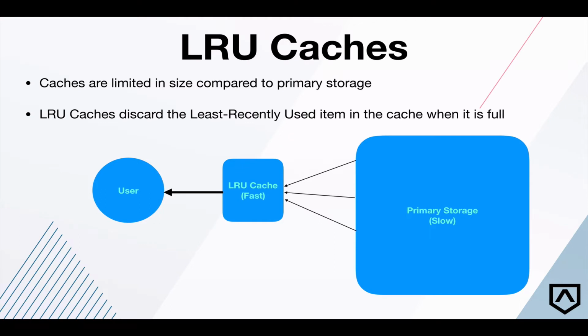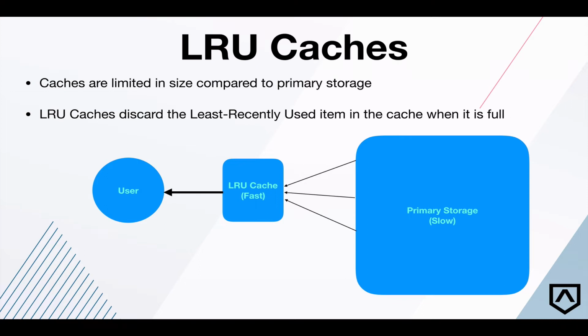So an LRU cache discards the least recently used item in the cache when it is full. So we keep track of the most frequently used items and we try to keep them in the cache. And if the cache becomes full, then we look at the item that has been used the least recently and we decide that probably since it's the least recently used, it is one of the least important things and we can discard that one.